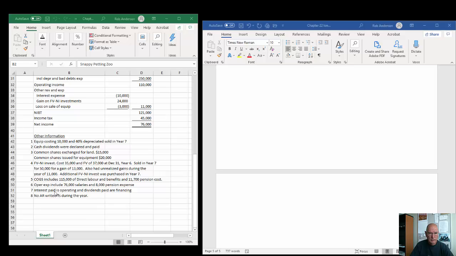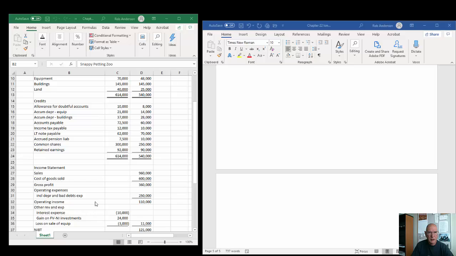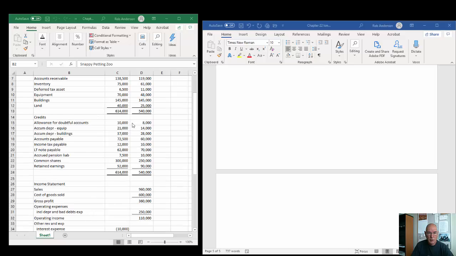Now we're working with IFRS here, so we have options in terms of interest and dividends, as we went through on a previous video. So we're putting our interest paid in operating and our dividends paid in financing, and they did say there were no accounts receivable written off during the year. Okay, so when we come up here, allowance for doubtful accounts went up, but we didn't write off any accounts.